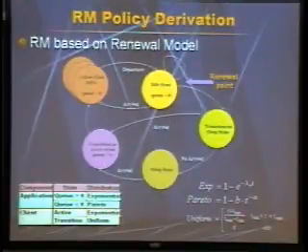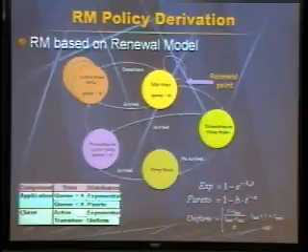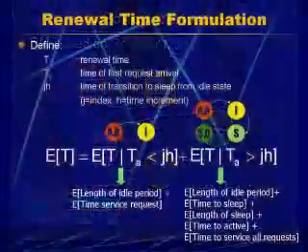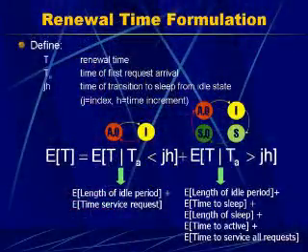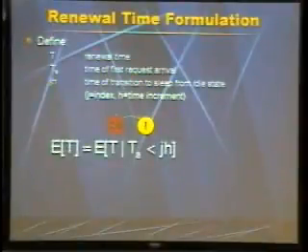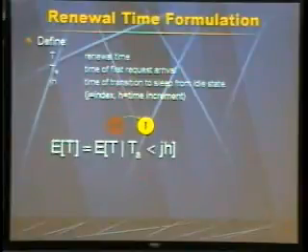As I said, in the active state, we use the exponential model. In the idle state, we use the Pareto model. And we used renewal modeling theory to figure out the optimal policy. So when do we go to sleep and when do we need to wake up? For the renewal model, we define 2 different times. One is the time it takes you to go from the active state into idle and back. That's basically 1 cycle of life, you can imagine, in our system.